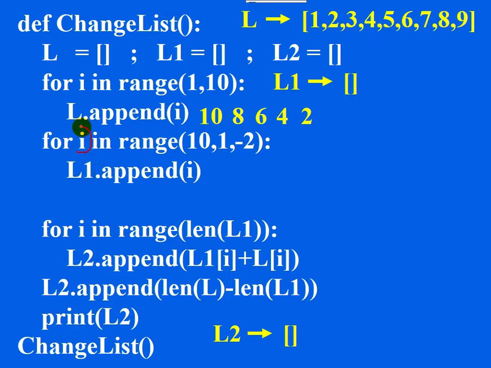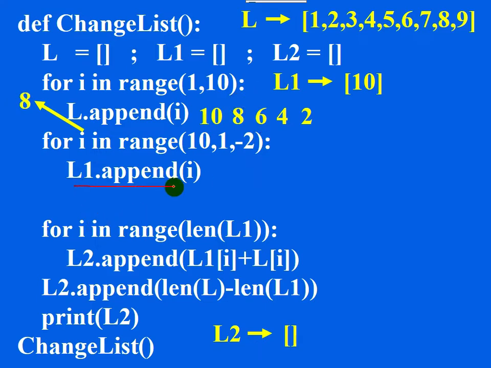Now I takes the first integer in the range, that is 10. Now L1 dot append within bracket 10. So 10 is inserted into this list, appended to the list. Appending data means inserting the data at the end. So now your list L1 contains one element, that is 10. Again, I takes the next integer in the range, that is 8.